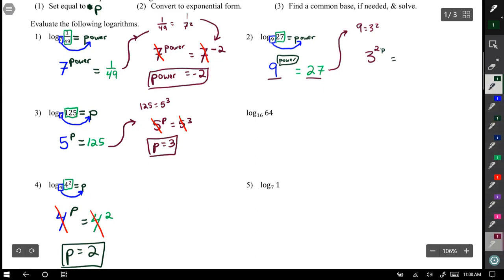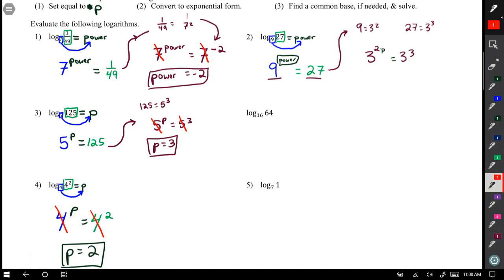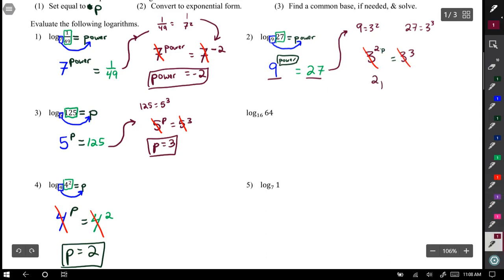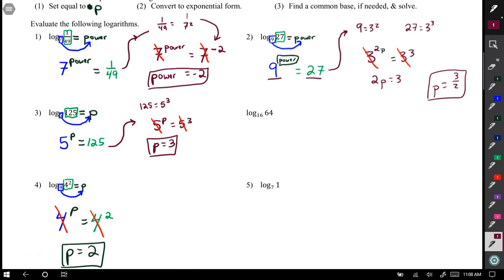Can I write 27 as 3 to the power? So 27 is 3 cubed. I can't create a common base by changing just one; I had to change both of them, like we did before. So cross out the common base, and I get 2P equals 3. So P equals 3 halves. There's your power. 9 to the 1.5 power is 27.